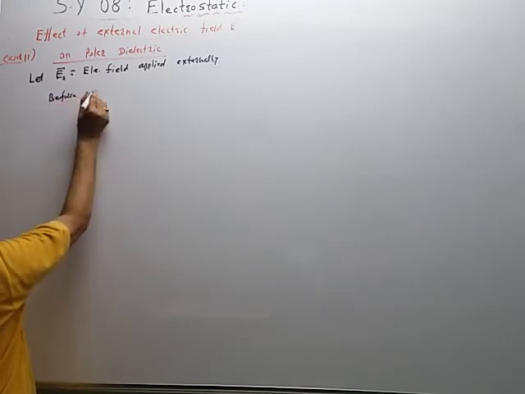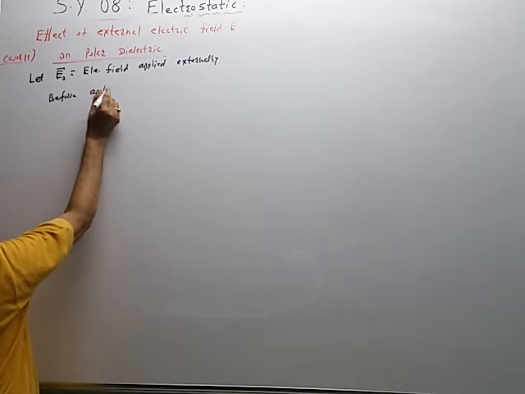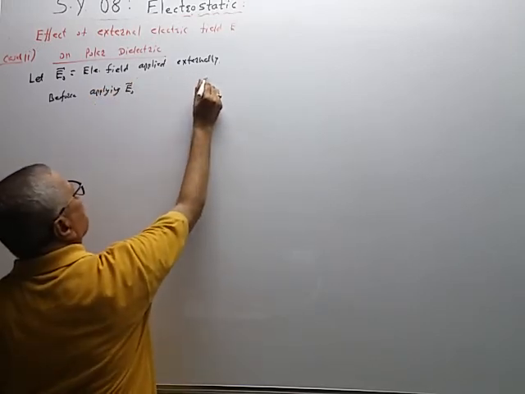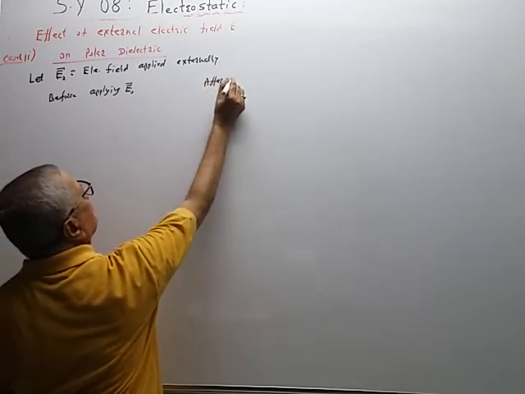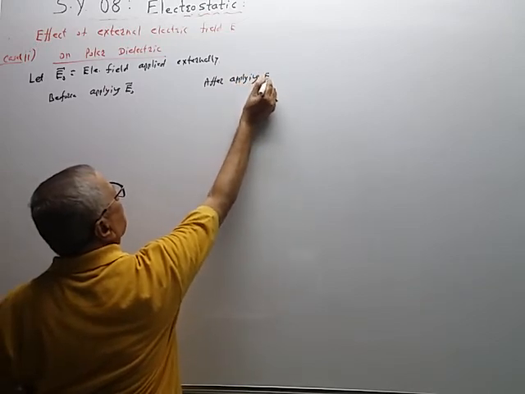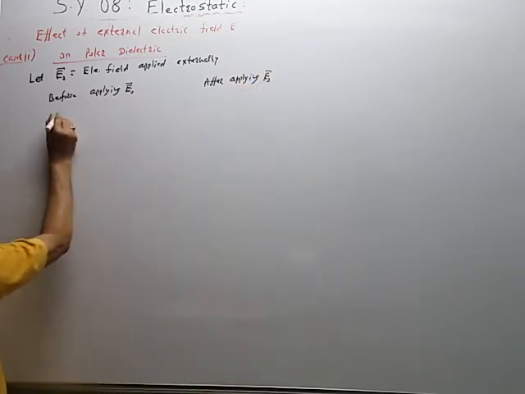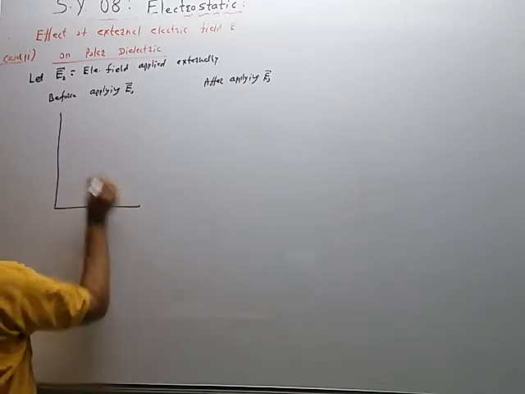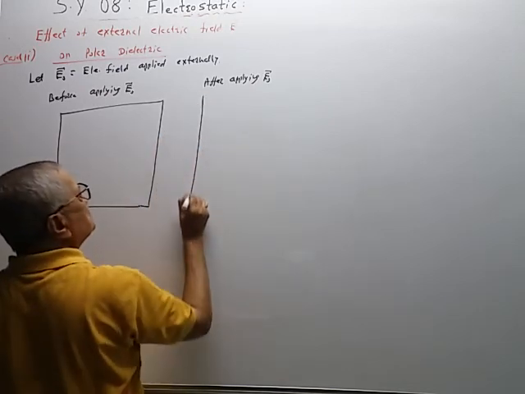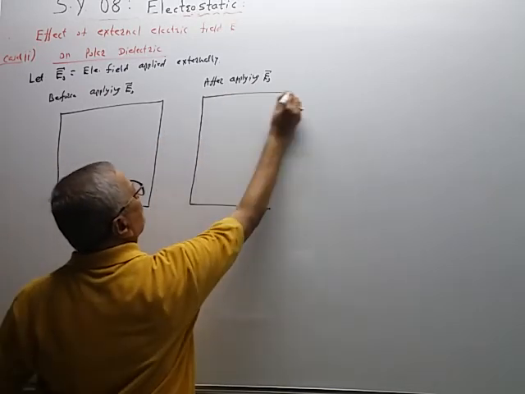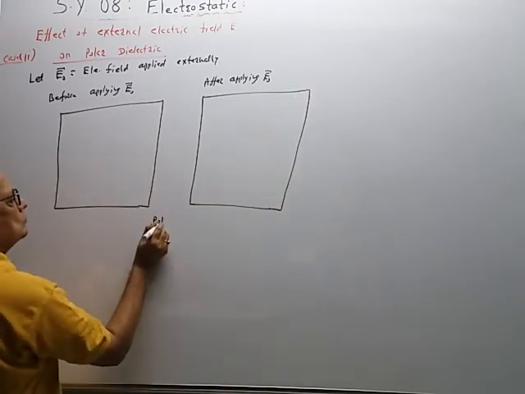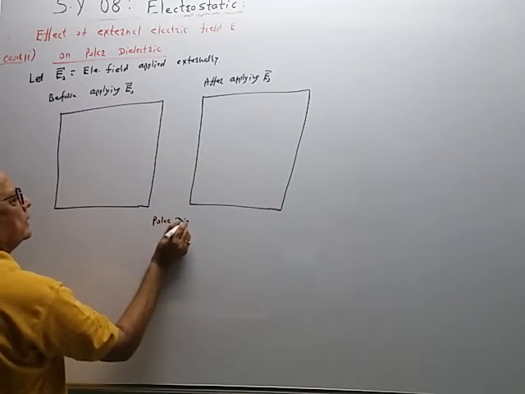Case number 1: before applying E0, the external electric field, and after applying the external electric field. So suppose this is a polar substance. The same substance is shown on two sides. Polar dielectric.